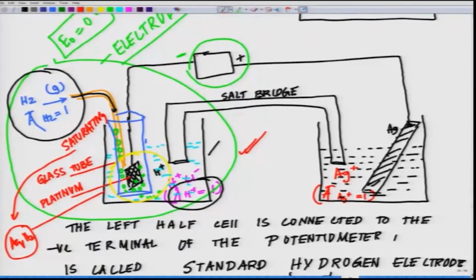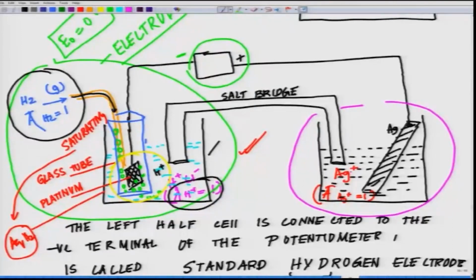The voltage you observe is very interesting when you attach this half cell to another half cell. Try to understand the reaction that is happening. Silver is a surface that is getting reduced.